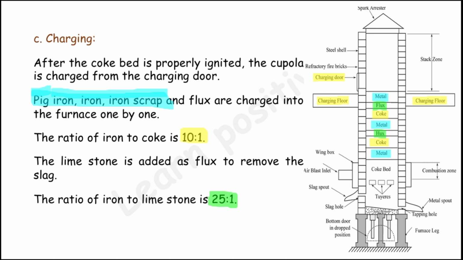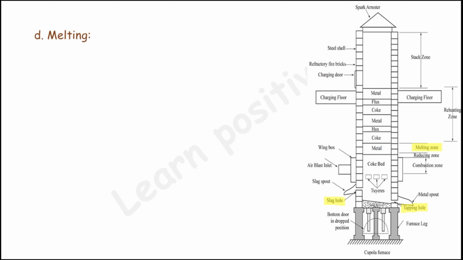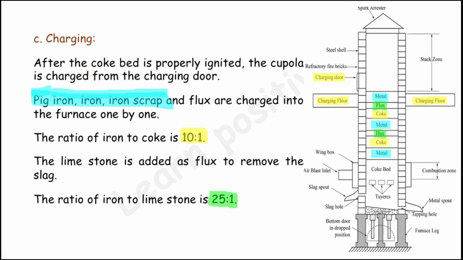The ratio of the iron to the limestone is 25:1. So for 25 kg of iron we are melting, we use 1 kg of limestone.